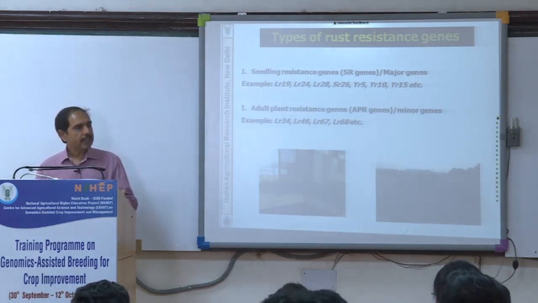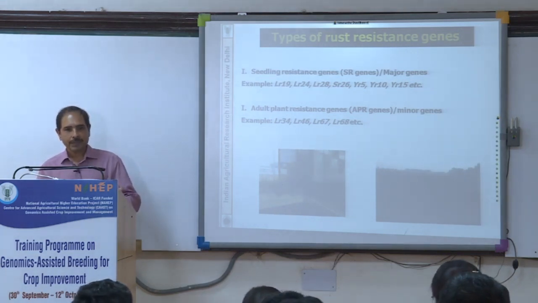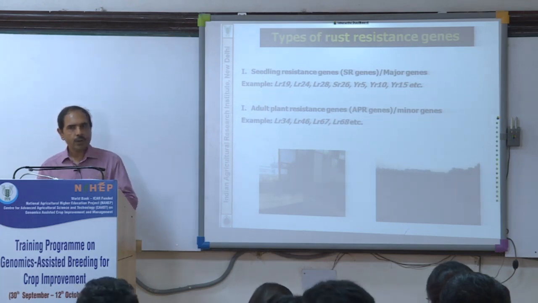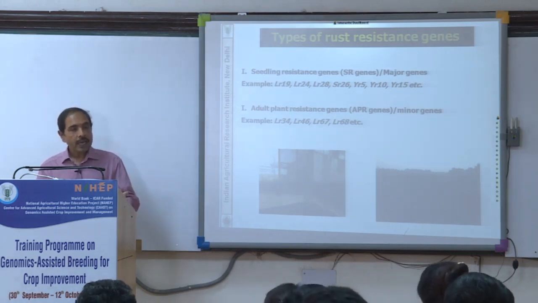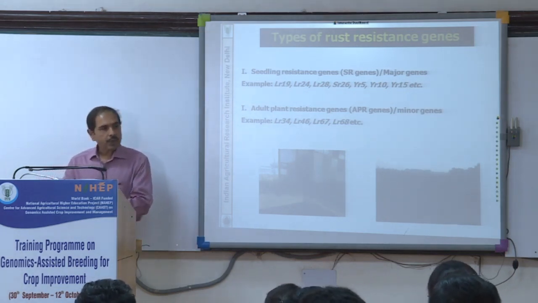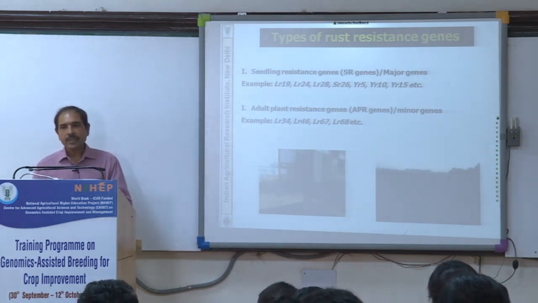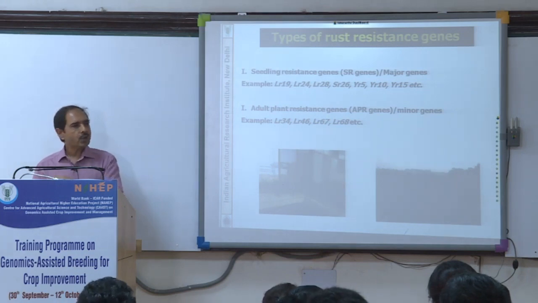Then there are genes like race specific genes. Certain genes are race specific, they confer resistance against particular races. So a virulent race may arise, and it may knock down a resistance gene. And then there are genes which we call race non-specific. Race non-specific means they confer resistance against a broad spectrum of races.